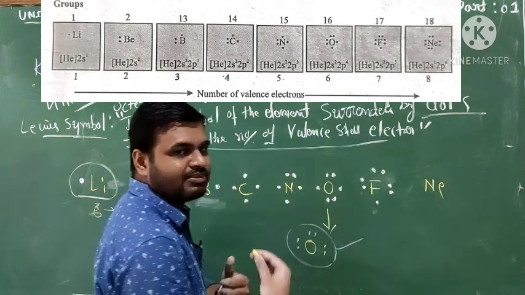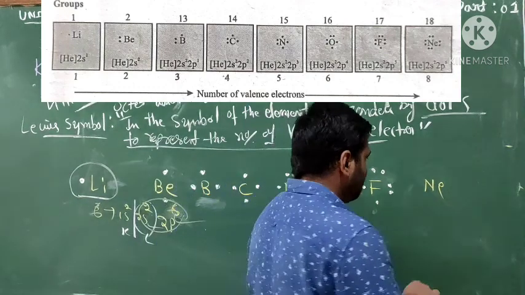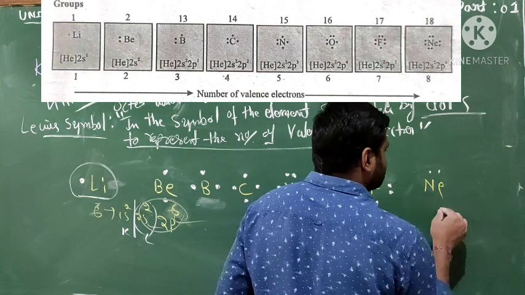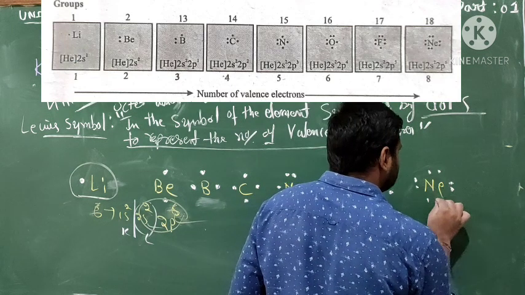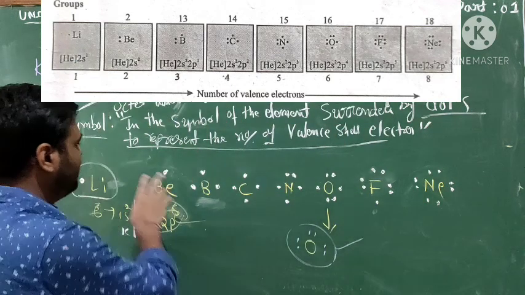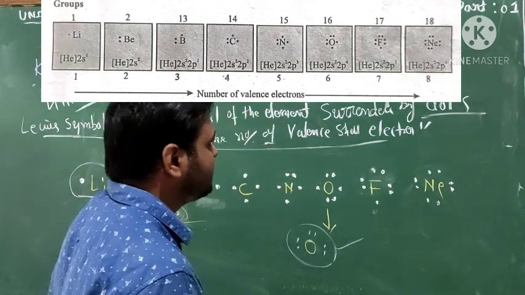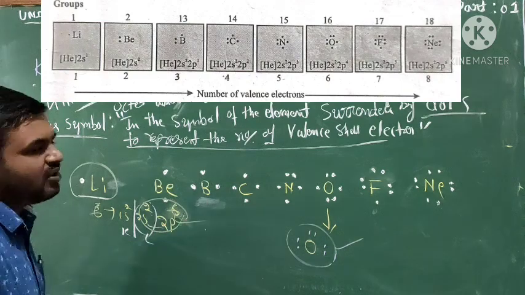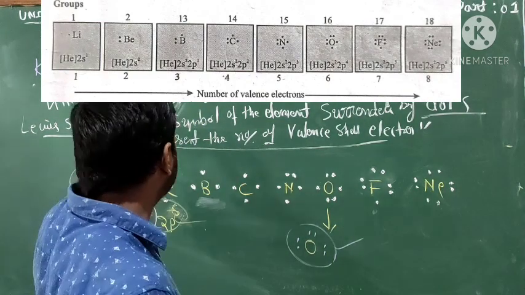Neon is completely filled with 8 electrons, a stable electron configuration. All the 4 positions are completed with 2 electrons. This is the dot representation of Lewis symbols. Clear?